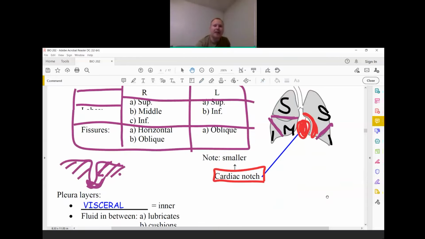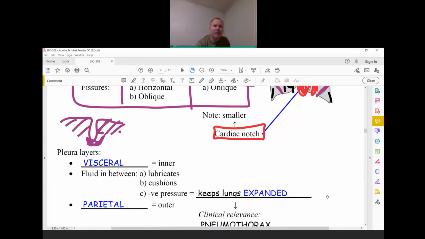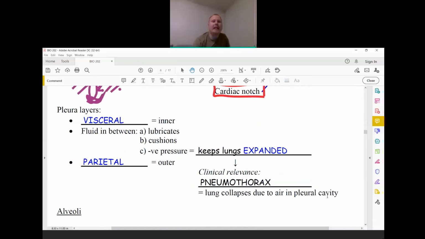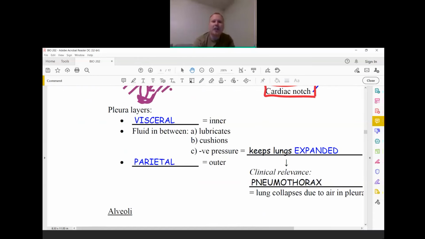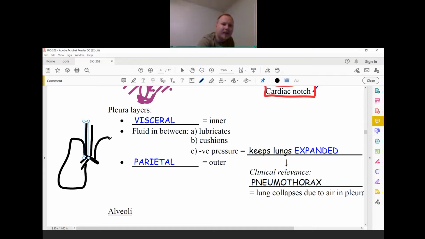Okay, let's continue our discussion about the lungs. And what I want to mention about the lungs next is a concept that explains some of the physiology that we'll end up seeing. So I'm again drawing, there's the trachea, primary bronchi, and our lungs here. But what we end up noticing is that lungs are surrounded by pleura.